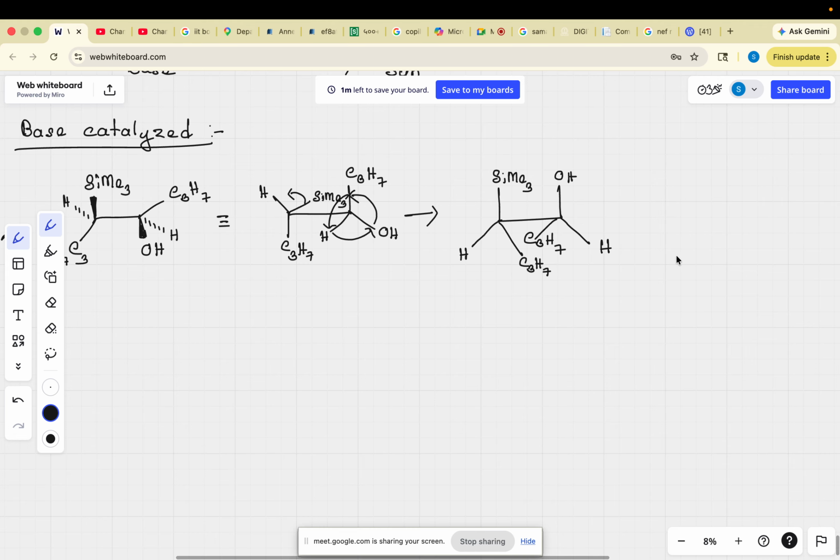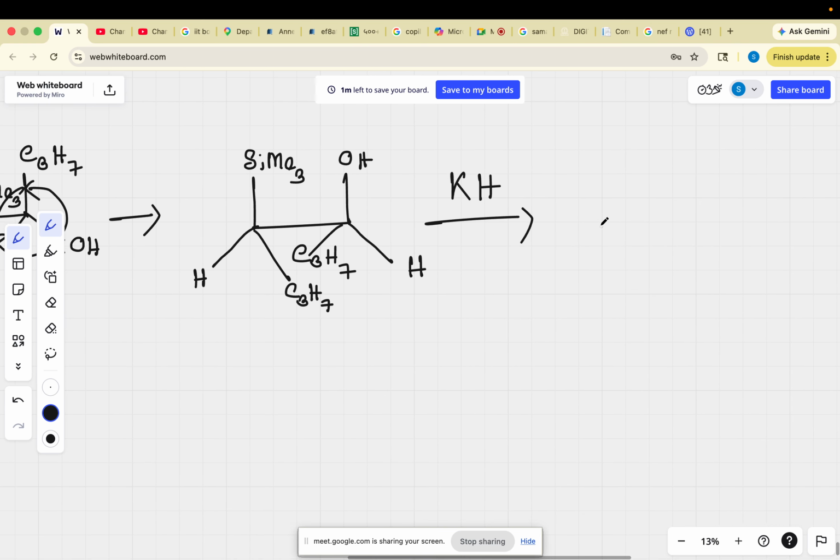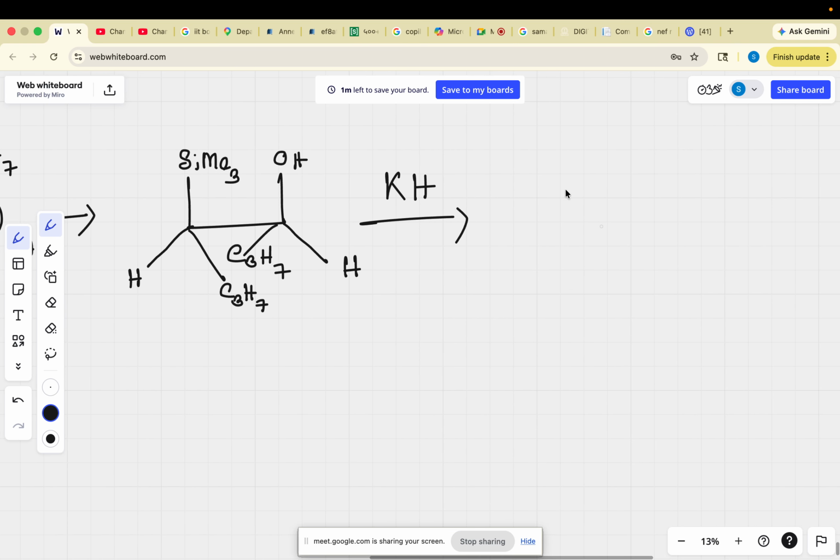Now suppose you are giving potassium hydride here. So what will happen? If I use potassium hydride here, what will happen? Potassium hydride is what? A base, right? So it will abstract the proton.